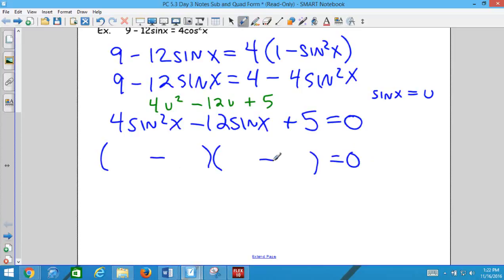What can I multiply together to give me a plus 5? I only have a -1 and a -5. That's it. So now I just have to figure out if I'm using 4 and 1 or 2 and 2. So there's my guessing and my checking. It's 2 and 2. So I'm going to write 2 sine x and 2 sine x.